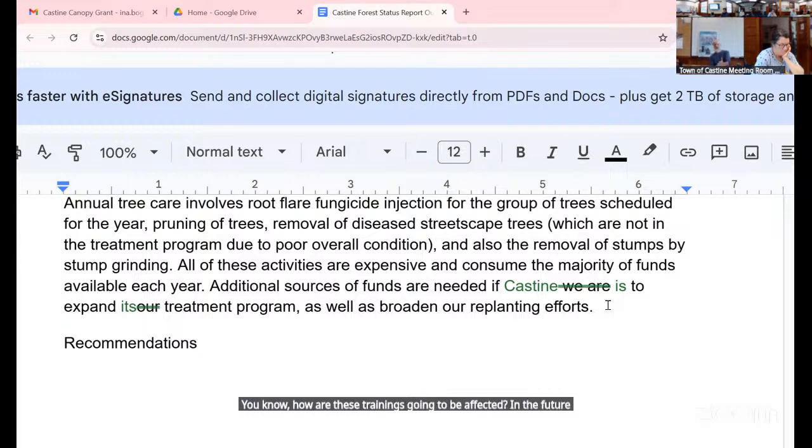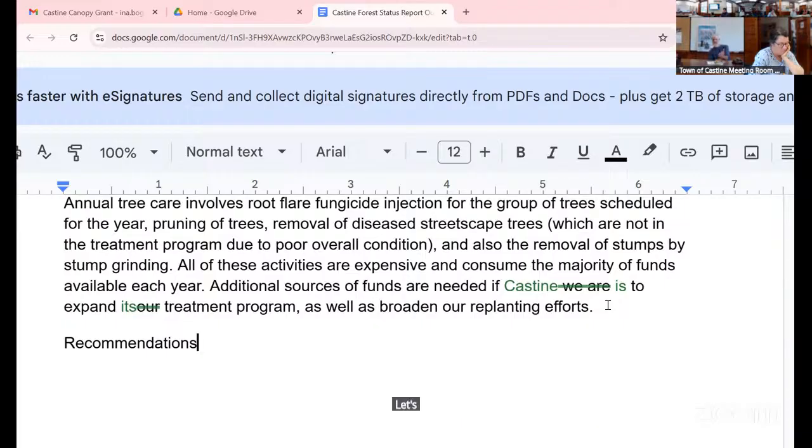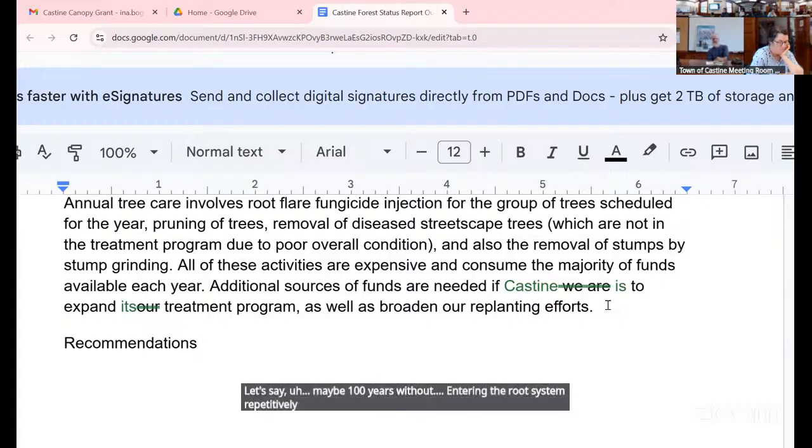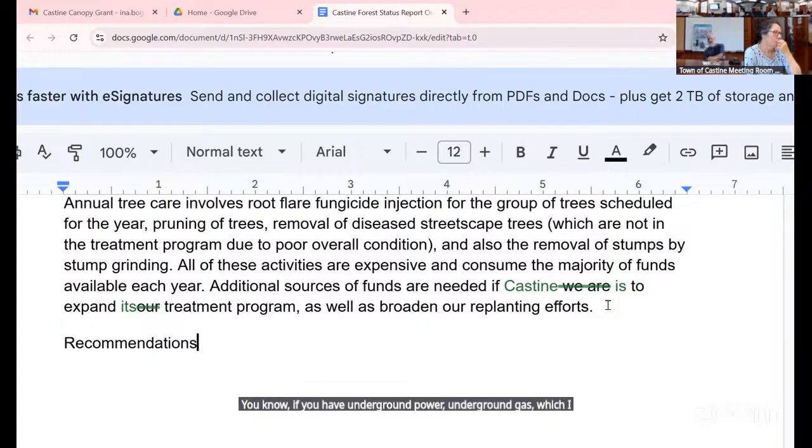Is it in a spot that you can count on growing a tree for maybe 100 years without entering the root system repetitively, for streets, sewer lines? Every sewer line plugs and breaks eventually. If you have underground power or underground gas, which I don't think we have here, but there's underground power here, all of that needs to be maintained over time.